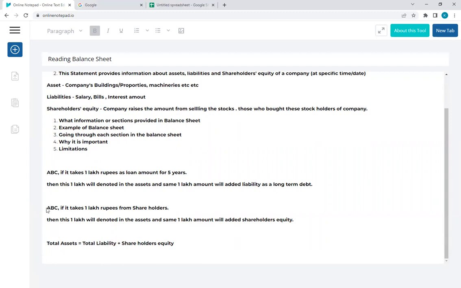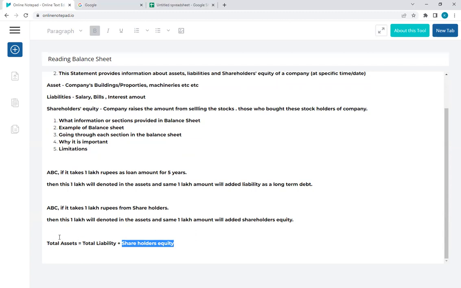And if it is taking the same 1 lakh, or more than 1 lakh, from the shareholders, again this 1 lakh rupees which is raised will be added as an asset, and in the same case it will be added in the shareholders' equity. So every time it balances the changes.